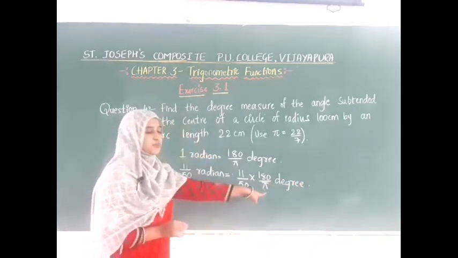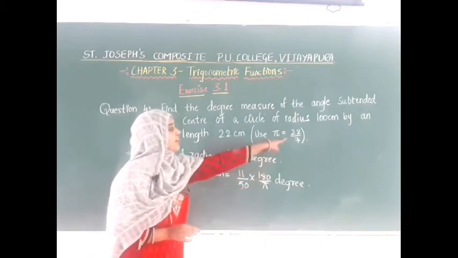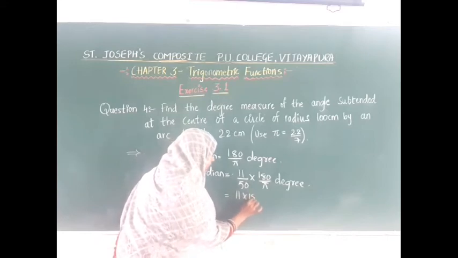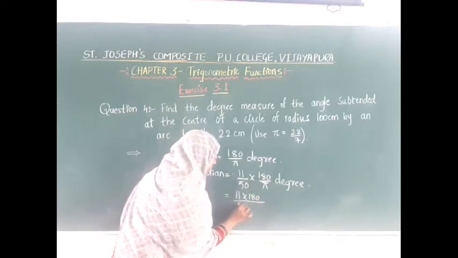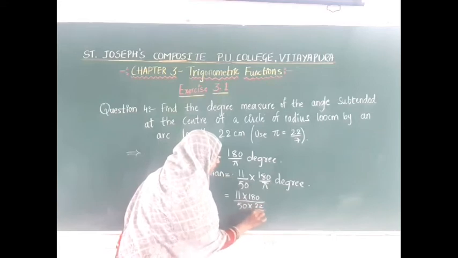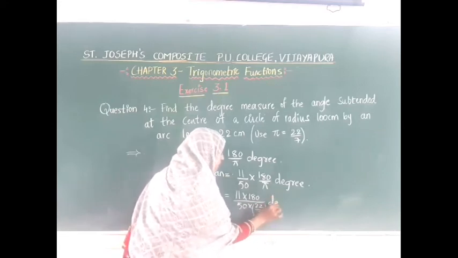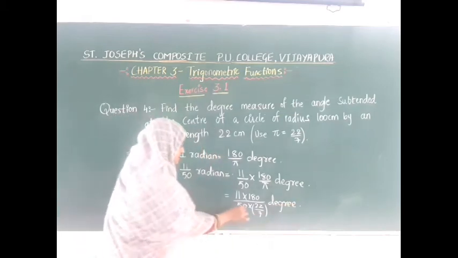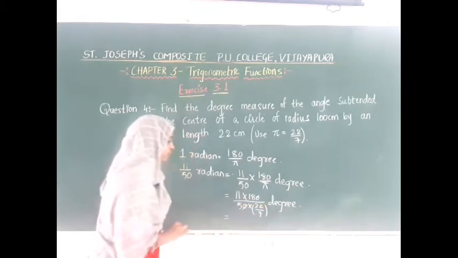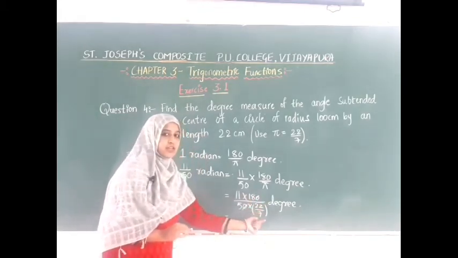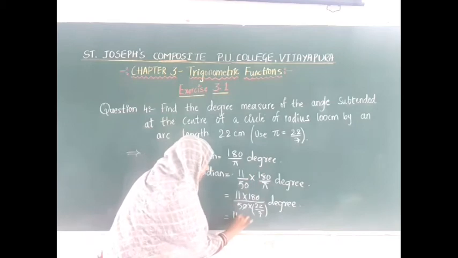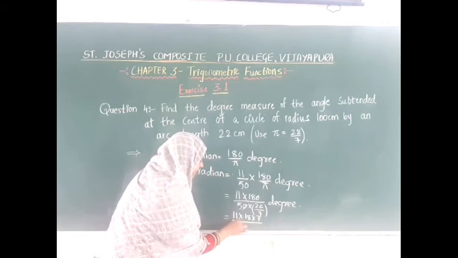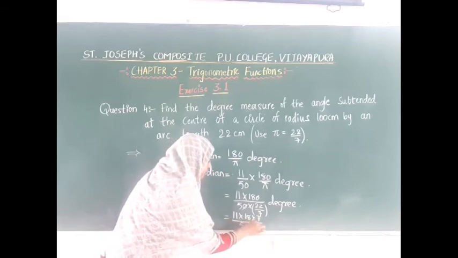Again we substitute pi as 22 by 7. Then you will get 11 into 180 divided by 50 into 22 by 7 degree. Simplify this, cancel, and the denominator of the denominator becomes numerator. So it becomes 11 into 18 into 7 whole divided by 5 into 22 degree.